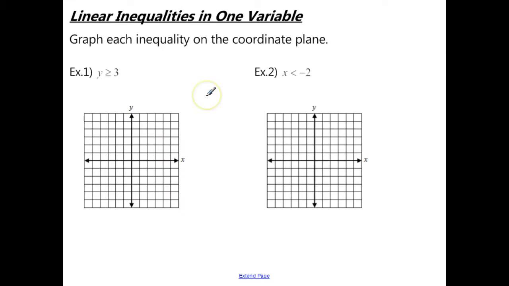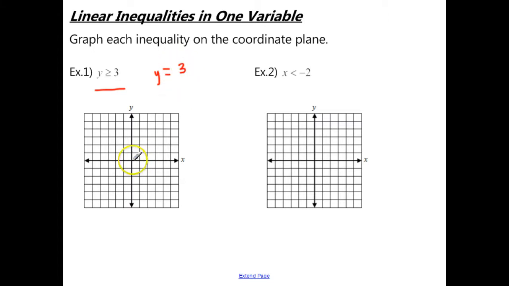Here we just want to do a little bit of practice, linear inequalities in one variable. So this you did in Algebra 1. First, let's graph each one on the coordinate plane. When you look at this, y is greater than or equal to 3, you should know that because of that equal to, it's going to be a solid line. So in theory, graph this at first like the equation y equals 3, and we talked about that.